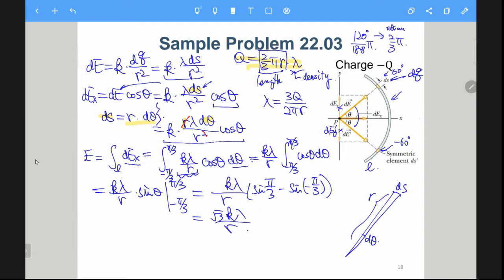So in that case, we can eliminate lambda with the original q. So we have square root of 3k over r times 3q over 2 pi r. So it becomes 3 times square root of 3 kq over 2 pi r squared.